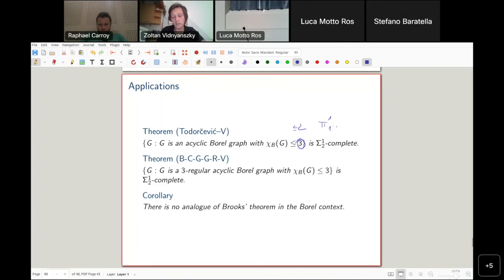So in other words, it is easy to decide whether a graph has a Borel 2-coloring or not, but it's hard to decide whether it has a 3-coloring or not, and everything above 3 is also complicated. And interestingly, if you remember the cycle example in the very beginning, a version of that has to be necessarily contained in your graph in order to have a large chromatic number.